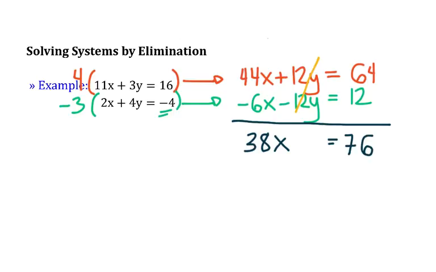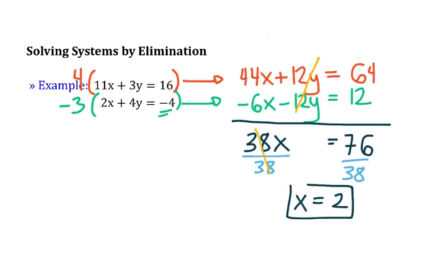So here I think you'd all agree to get x alone, looks like we just need to undo multiplying by 38, and we'll do that by dividing both sides by 38. That leaves x alone on the left, and 38 goes into 76 twice, exactly. So, yay, there's our answer for x: x equals 2. But are we done?